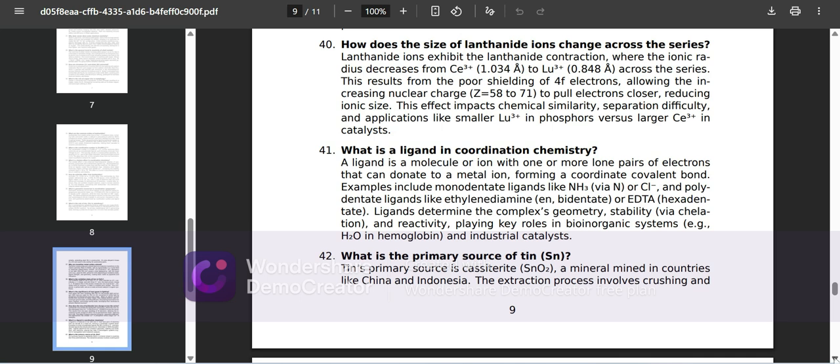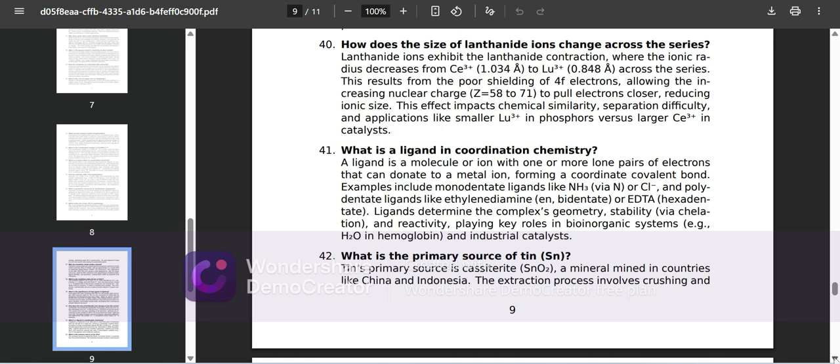What is a ligand in coordination chemistry? A ligand is a molecule or ion with one or more lone pairs of electrons that can donate to a metal ion, forming coordinate covalent bonds. Examples include monodentate ligands like NH3 via N and Cl minus, and polydentate ligands like ethylenediamine (en), bidentate, or EDTA, hexadentate.